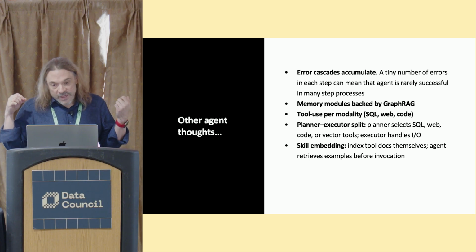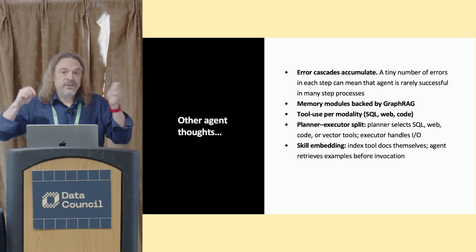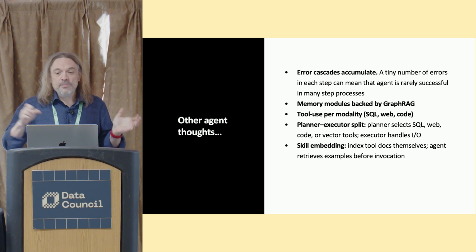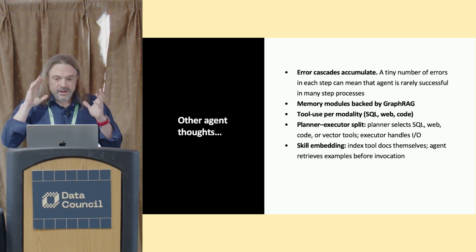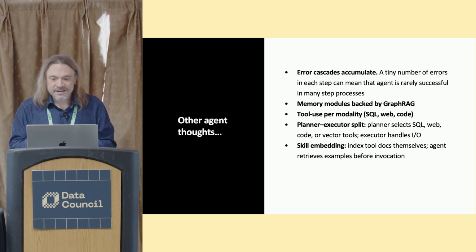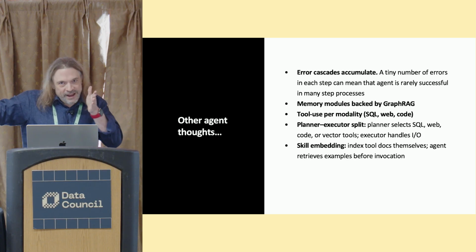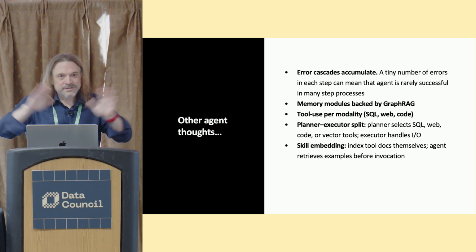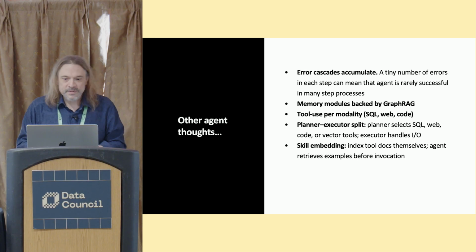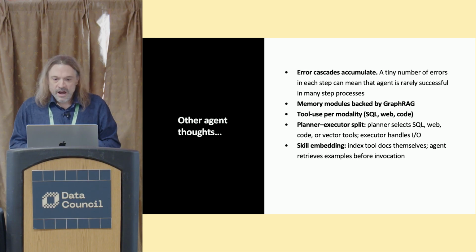A tiny number of errors in each step in the process means that almost no process is ever successful. It's kind of like 5 nines. You're like, oh, I just had a little downtime in this system, a little downtime in this system, and pretty soon you have a system that almost never functions.